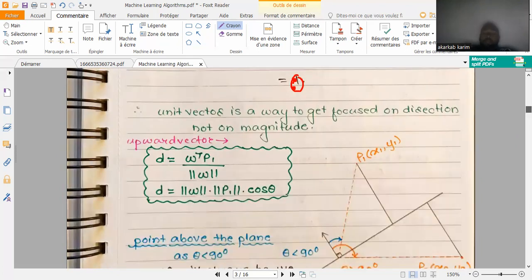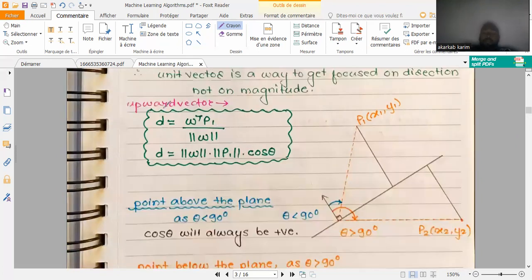Well, the whole idea, as I told you before, is the upward vector. We are calculating the distance based on this: it equals the magnitude of p1 times cos of theta. As we see here, this is a plane, and this is the point.